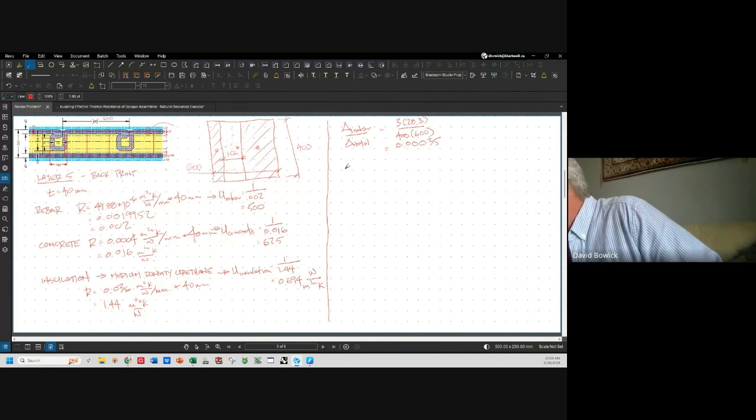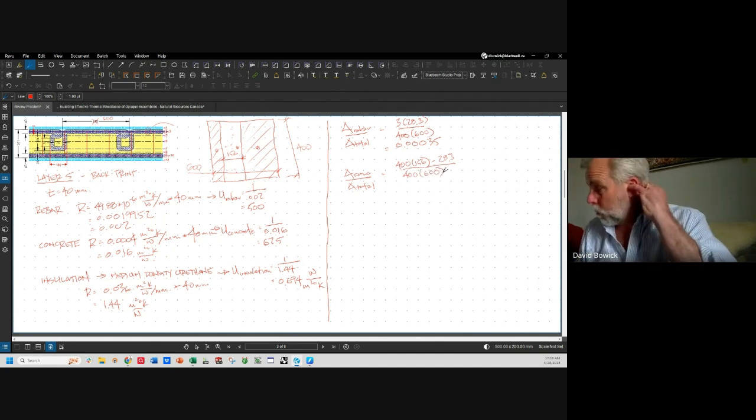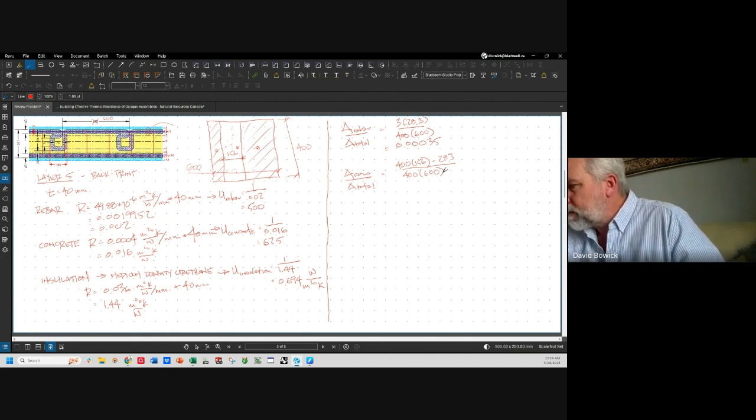Okay, area of concrete over A total is 400 times 156 minus 28.3, all over 400 times 600. Okay, so why do we minus the 28.3? Well, you can see that within that width of concrete, 1 bar goes through.